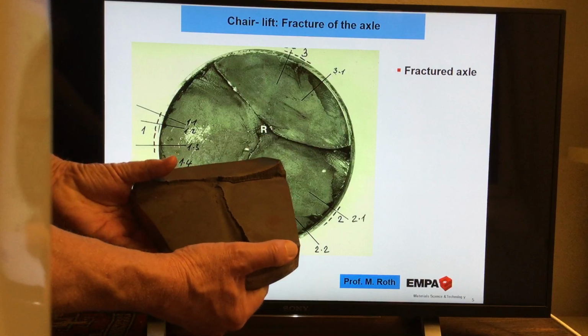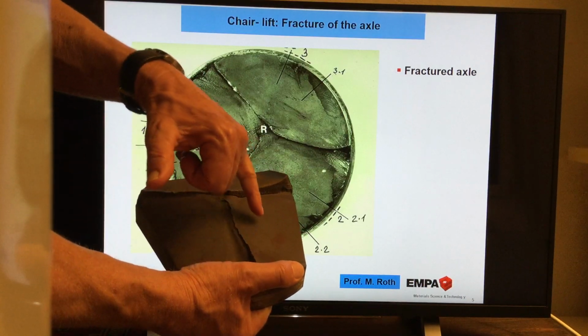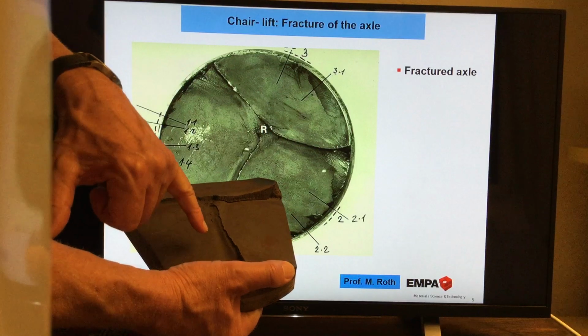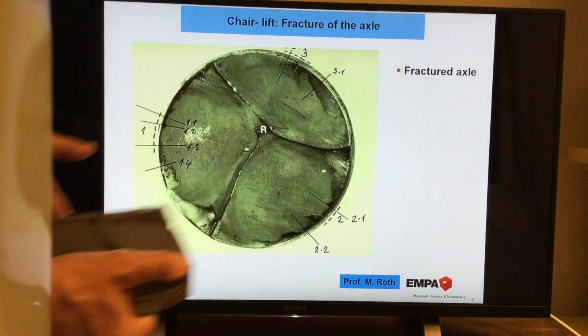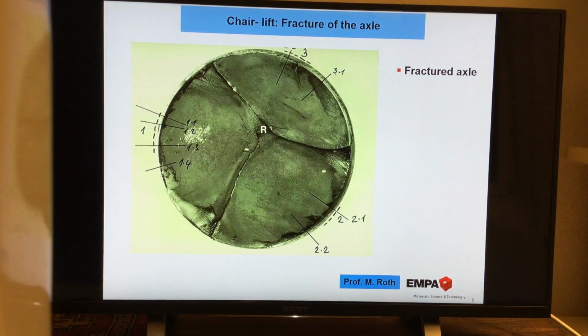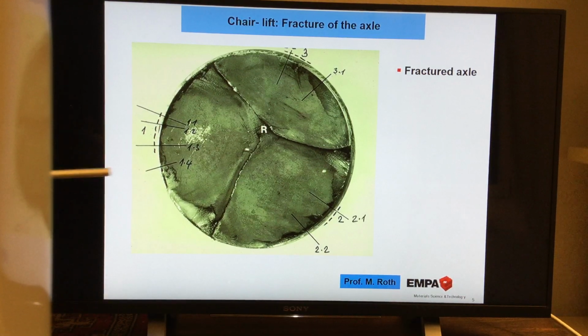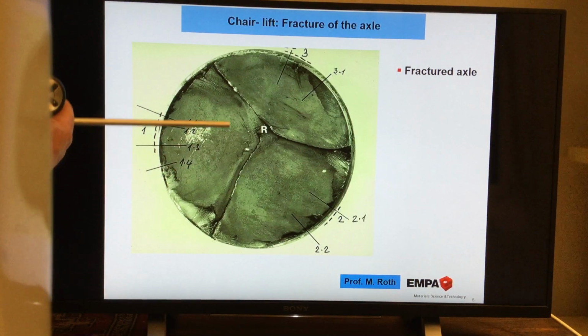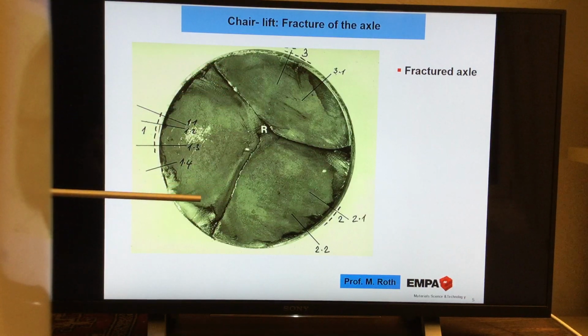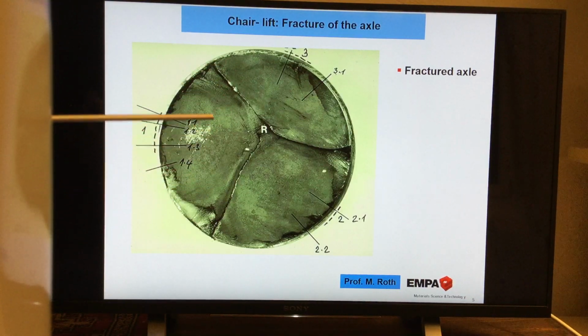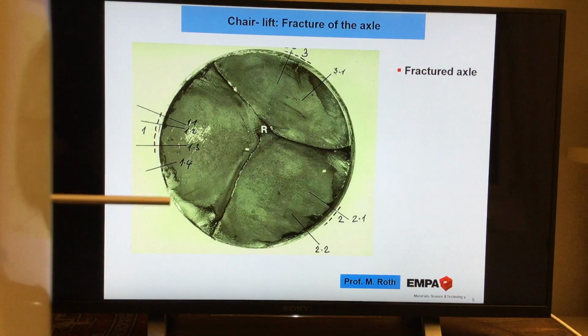I see these lines, for instance, here, or in that direction, or here. It's difficult to see, but maybe also on the slide you may recognize parallel lines here.